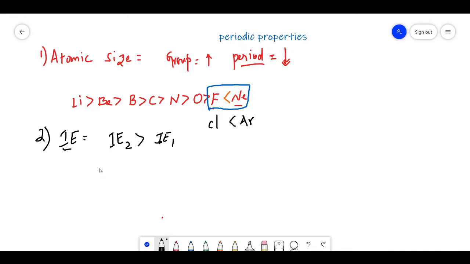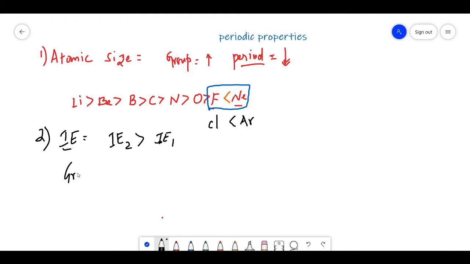Generally, elements with half filled and completely filled configurations have more stability, so they are not ready to lose electrons. So they have more ionization energy. In this half filled and completely filled case, we will have exceptions, and the questions will be asked on those exceptions only.